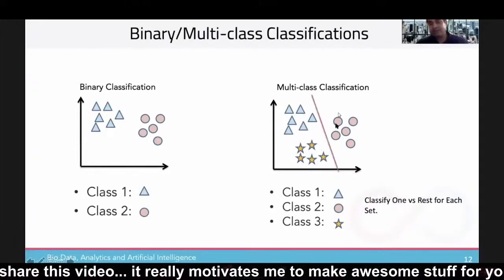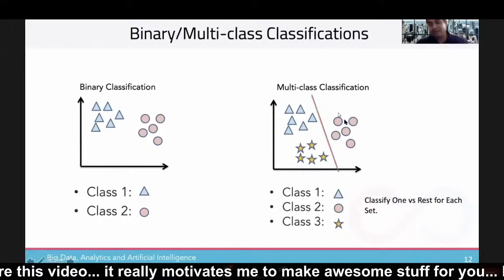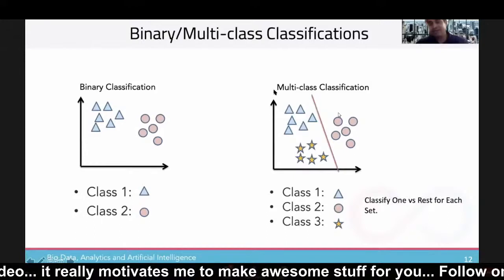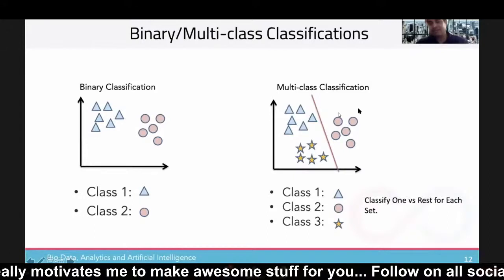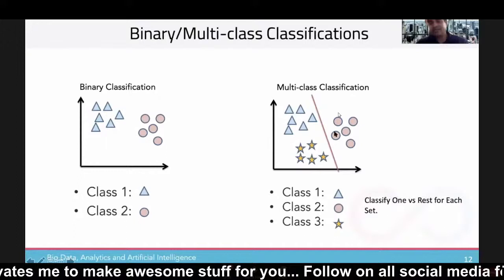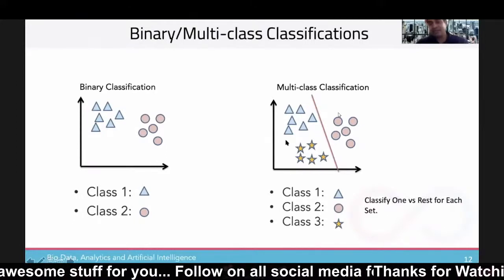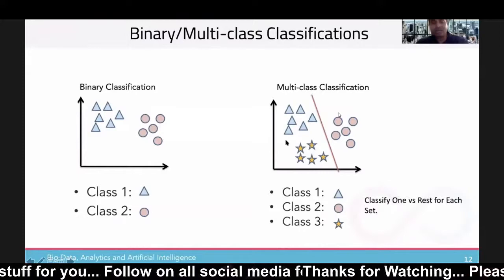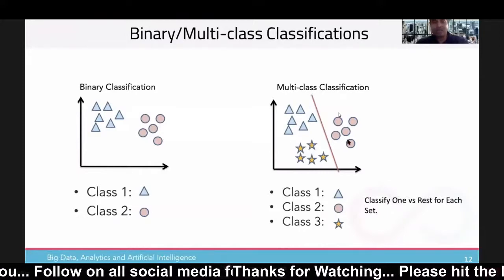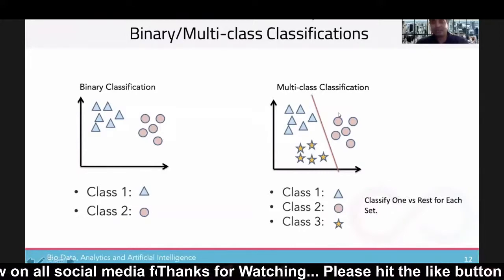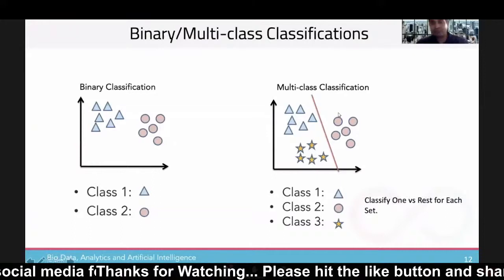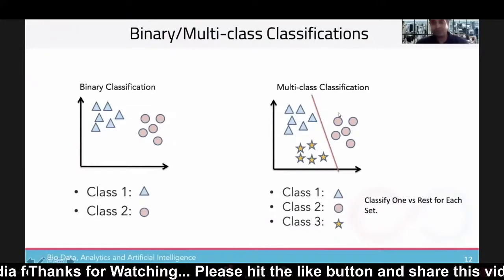Then we predict the circles. So in multi-class classification, we can model with a particular category in each of our predictions. That is the way we go through multi-class classification. Hope that answers your question.